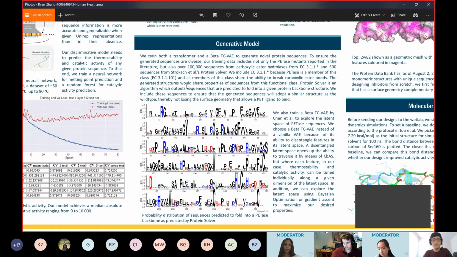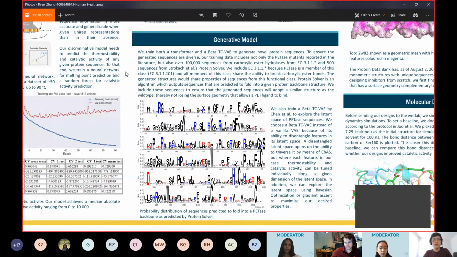I can't remember if you said that was for the generative model, or if the random forest was for the discriminative model. Right, so the generative model, I guess. Are you probing a specific area of latent space based on trends in the latent space for your target? You compress everything and then you get your map of your latent space. You have good stuff and bad stuff. Are you only probing good stuff, or are you just sort of probing the whole latent space?